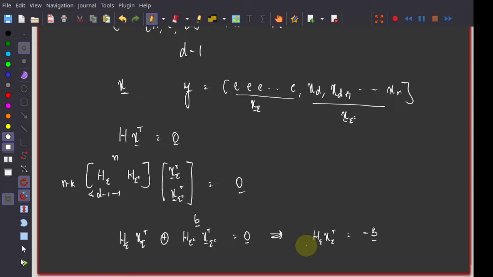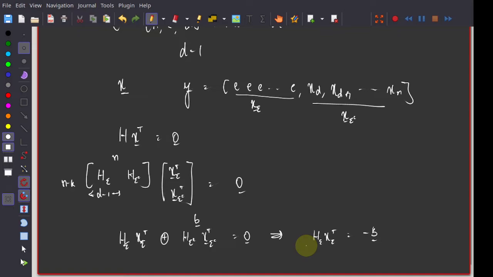But any set of d minus 1 columns can be erased, right? It's an adversarial erasure channel. But what property do you know about the parity check matrix? Exactly, right? So for any linear code, every set of d minus 1 columns of H are linearly independent, where d is the minimum distance.